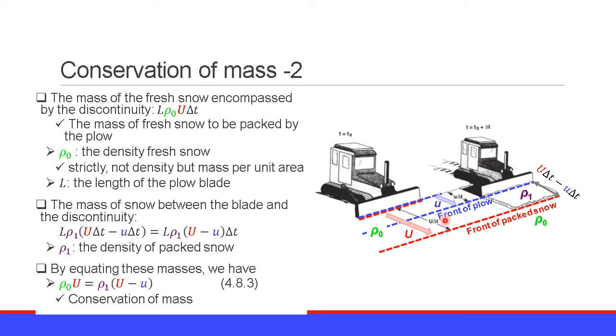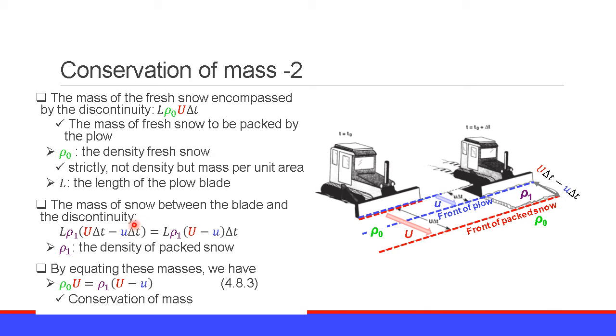Before compression, the mass of the fresh snow to be packed by the plow is L, the length of the blade, times rho 0, the density of fresh snow, and U, velocity of the front of the packed snow, and time delta t. In this case, rho 0 is not strictly speaking density but the mass per unit area. But anyway, it is the area density.